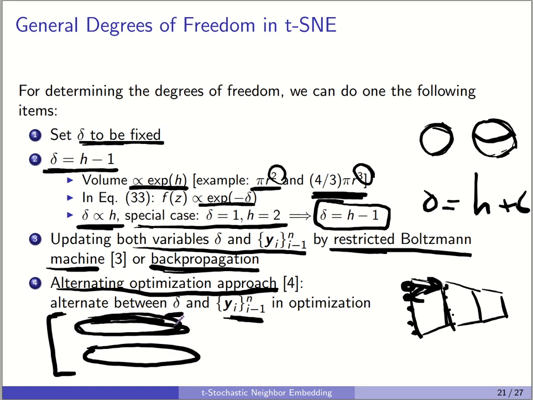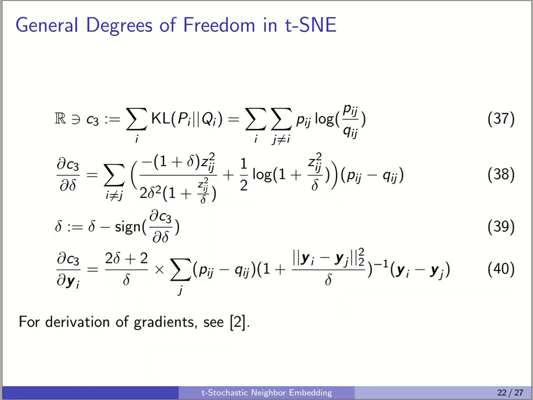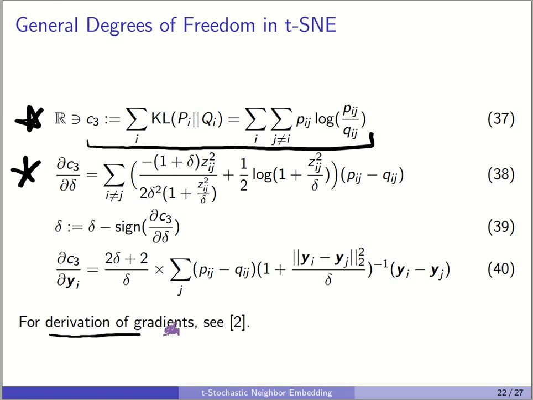Then using the updated delta, we find the embeddings, and we do it until convergence. This is alternating optimization approach. And we can have the cost function again. In this case, this is the gradient of the cost function for the general degrees of freedom. For proof, you can see our tutorial paper.